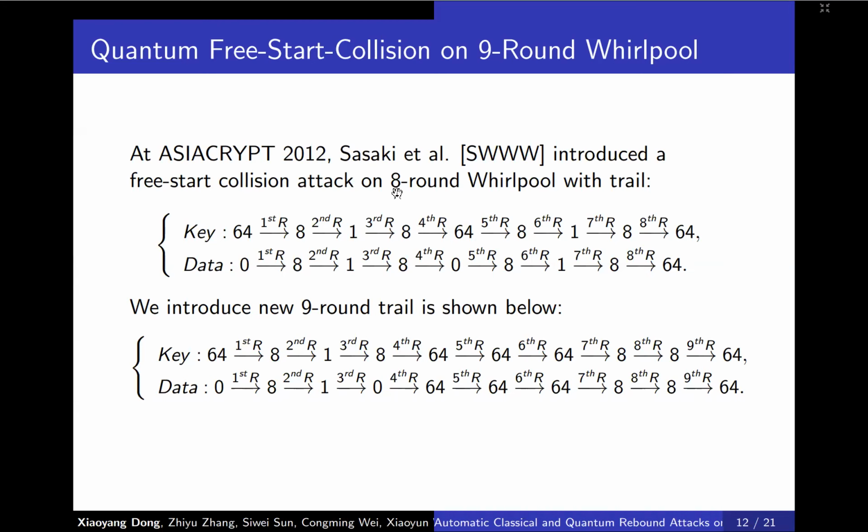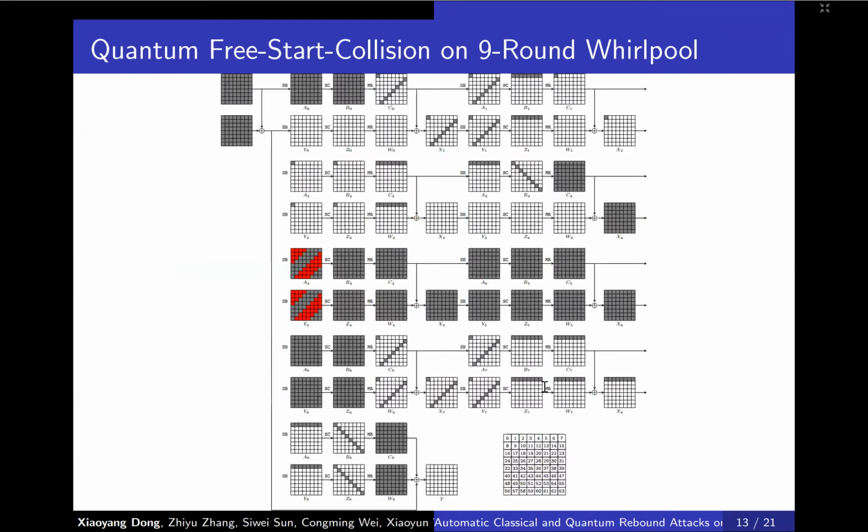And in the 8-round trail, only the key schedule path has a full active rebound attack. In our new trail, both the key schedule path and the data path have the full-state rebound attack.